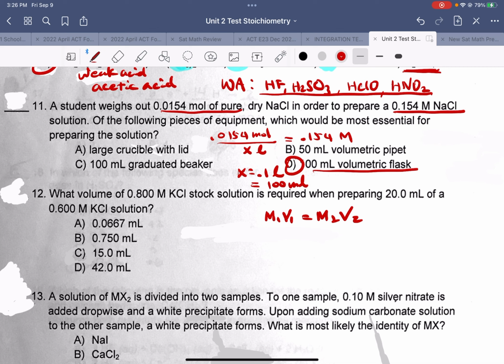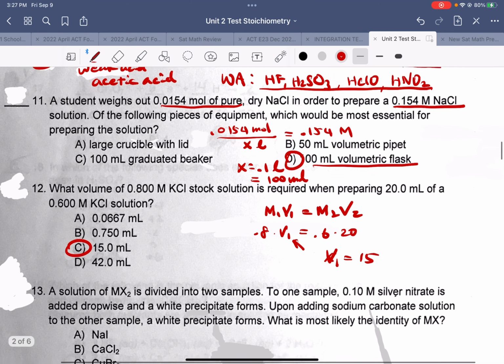We talk about the same stock solution with a different molarity. So 0.8 molarity, how much volume? That's what you're looking for. And this one is 0.6 molarity, and you can use 20. You don't have to change into liter, because this one is also milliliter. When you solve for V1 using a calculator, you're going to have 15. So you're going to need 15 milliliter.